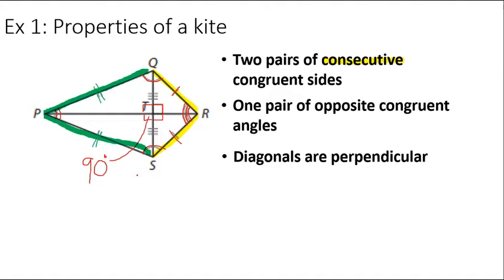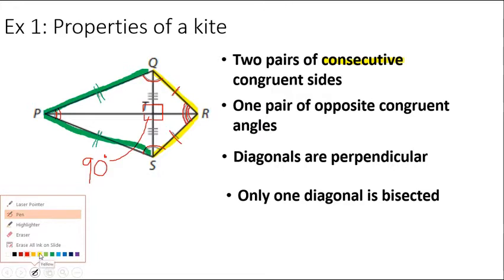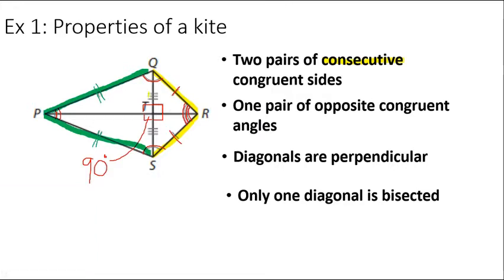Okay. And then it says only one diagonal is bisected. So that means that if you look right here, the three marks and the three marks right there means that those two halves are equal to each other, congruent.